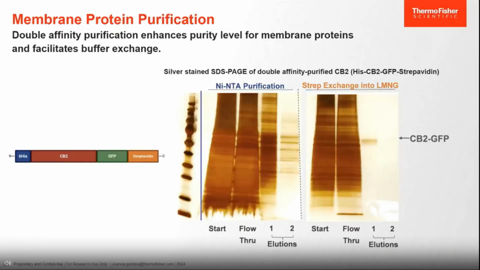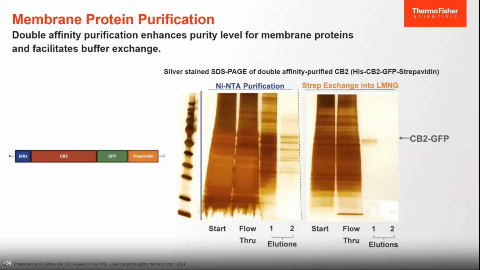So for example, here we can see the benefits of doing a double affinity purification. In this case, we're looking at the CB2 protein that was expressed with both a His and a Strep tag. And this allowed us to do two different affinity chromatography methods to purify this protein. And when we're looking at the silver stain gel, we can appreciate how much cleaner the protein is after the second round of purification.